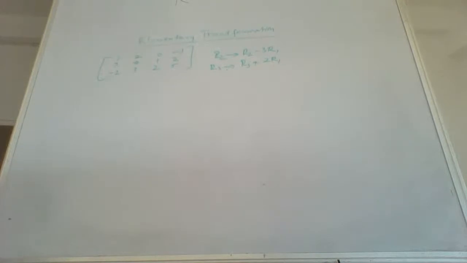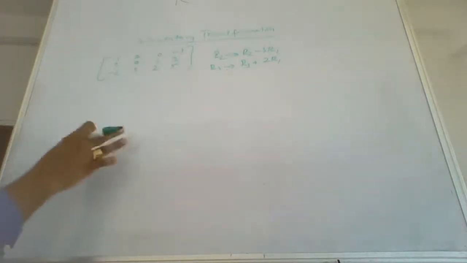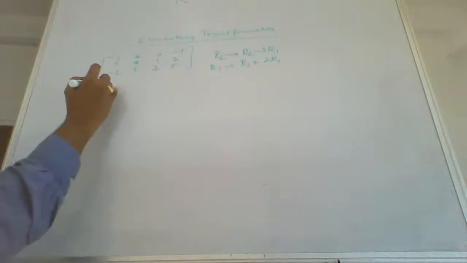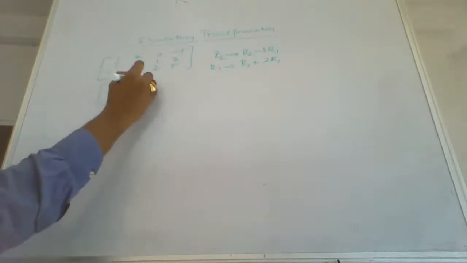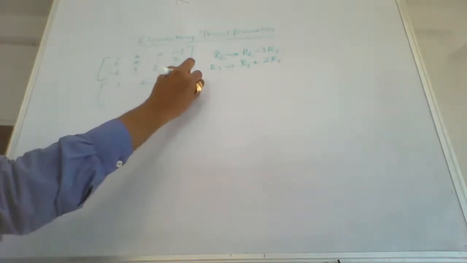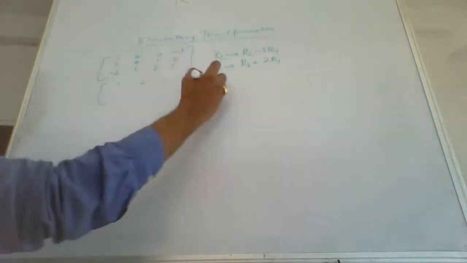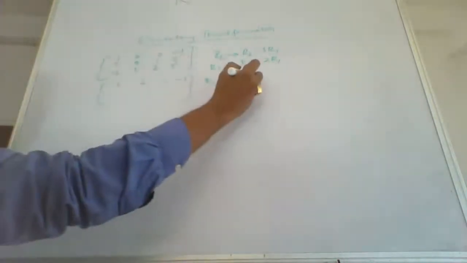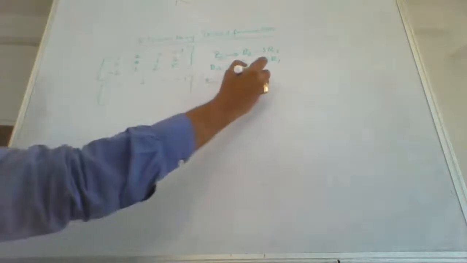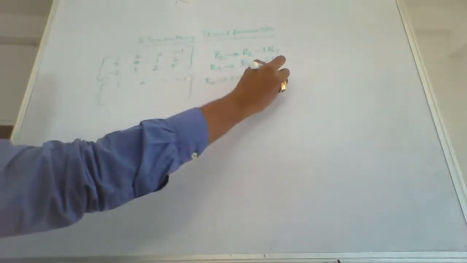These are the things which I am trying to do on row 2 and row 3. So let us keep this like that. For row 2, R2, which is 3, minus 3 times R1, which is 1. So this results in 0.